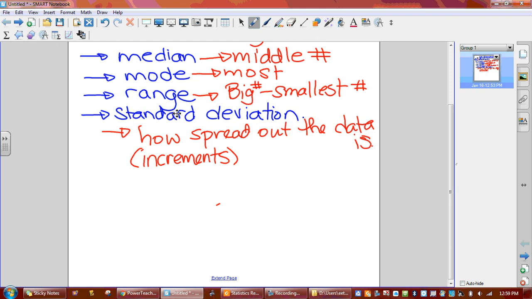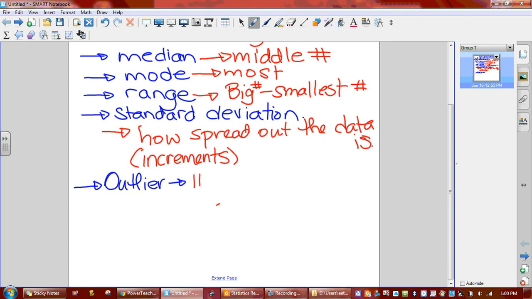And then we also have something called an outlier. Who remembers what an outlier is? Mm-hmm. A number that is like far away. Yeah, exactly.